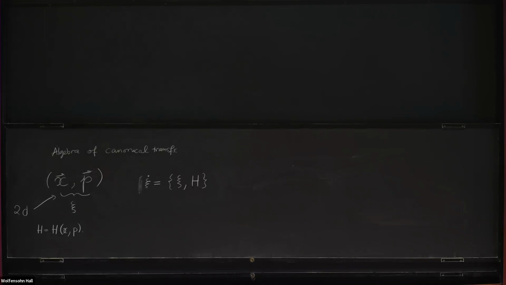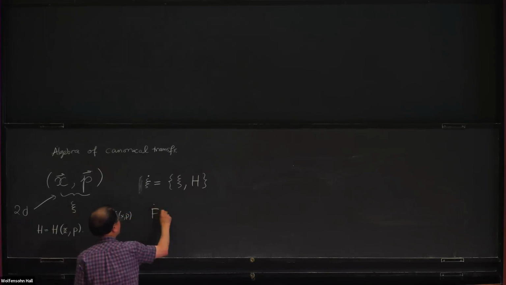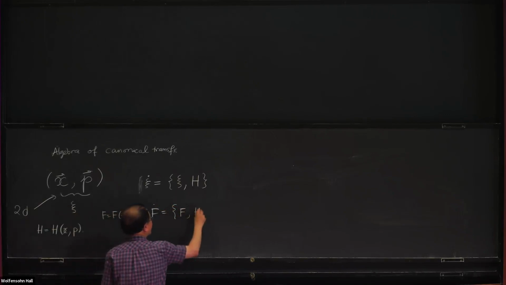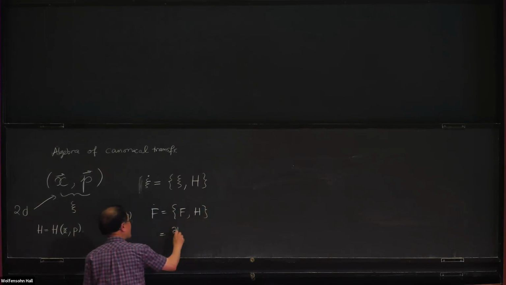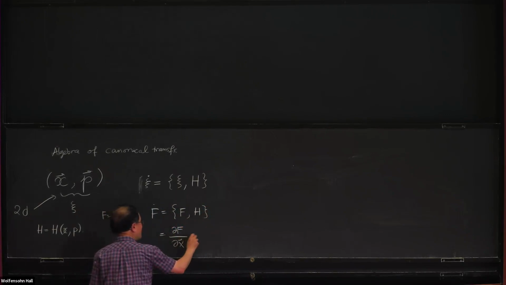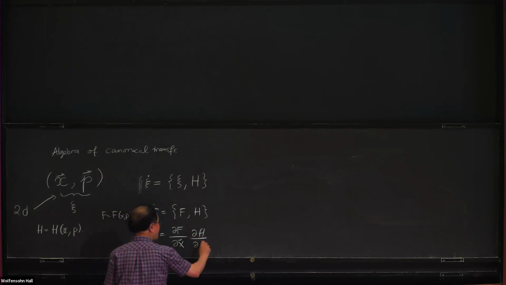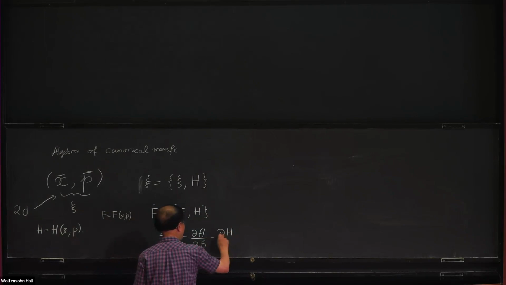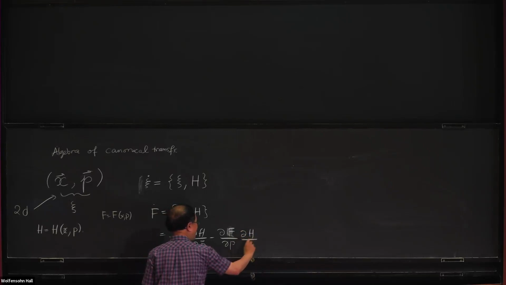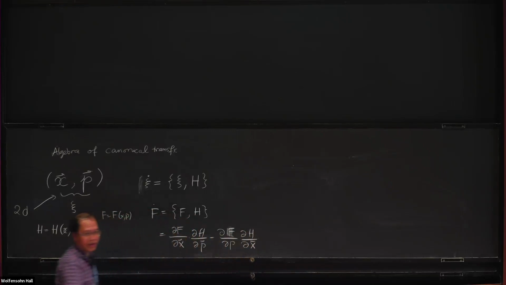In fact, we can talk about the evolution of any function of x and p. If I have f as a function of x and p, f dot would still equal the Poisson bracket of f and H. And the Poisson bracket, let me write it once to fix the notation: ∂f/∂x ∂h/∂p minus ∂f/∂p ∂h/∂x. This is one of the rare occasions where I do not follow the Landau-Lifshitz convention of sign.